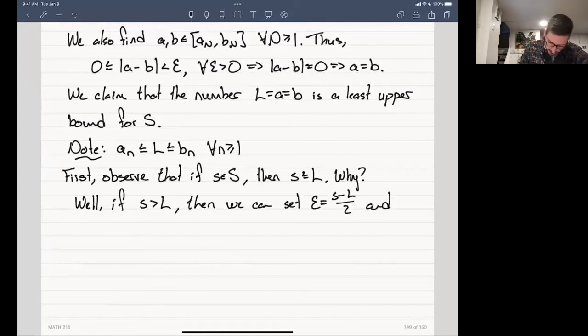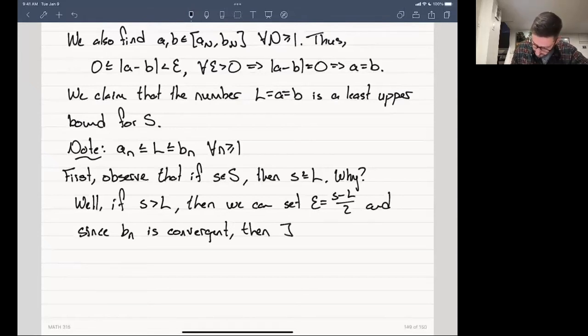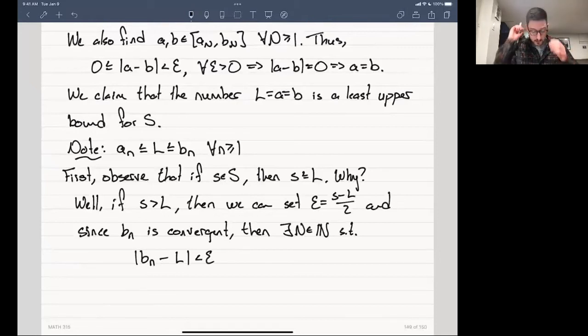And since Bn is convergent, then there exists a capital N such that Bn minus L is less than epsilon. That's just using the fact that this is a convergent sequence, which we can open up.